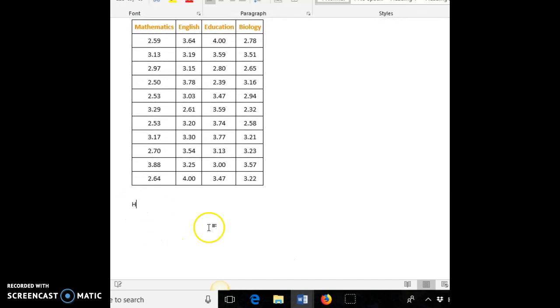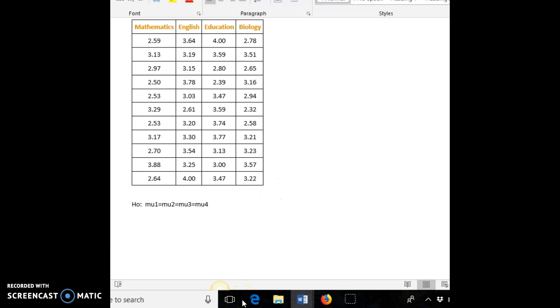First thing we're going to do is our null hypothesis is always going to be that the means are the same. So we've got four different areas here: math, English, education, and biology. And we're just going to say that mu1 is equal to mu2 is equal to mu3, and we got four of them. So all four of those are the same. And we'll just assume this one's mu1, this one's mu2, this one's mu3, and this one's mu4.